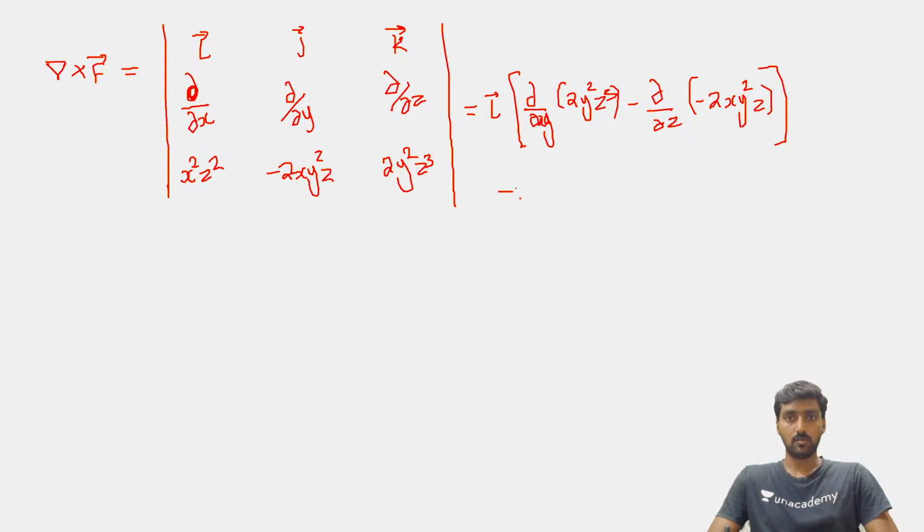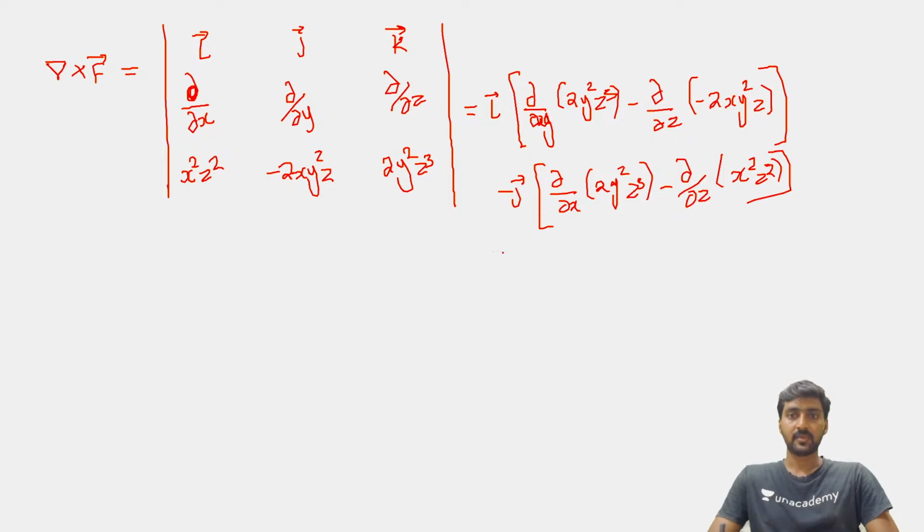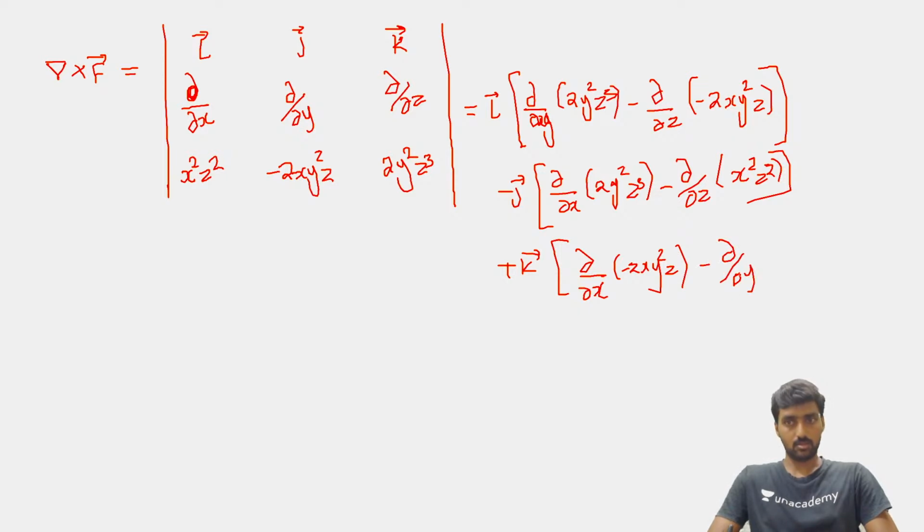Then minus j vector into dou by dou x of 2y square z cube minus dou by dou z of x square z square, plus k vector into dou by dou x of minus 2x y square z minus dou by dou y of x square z square.